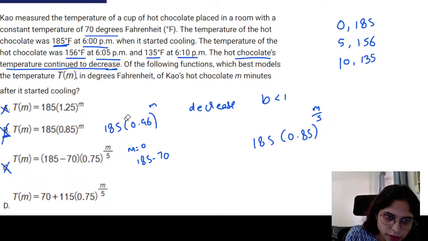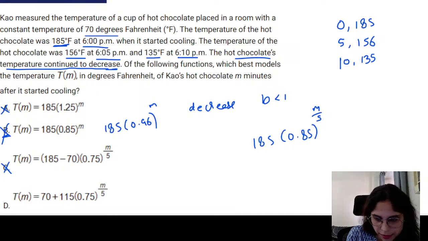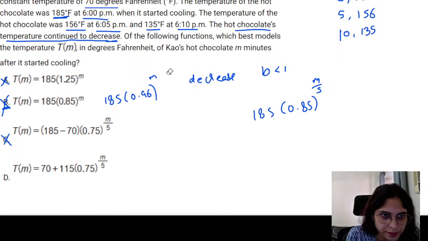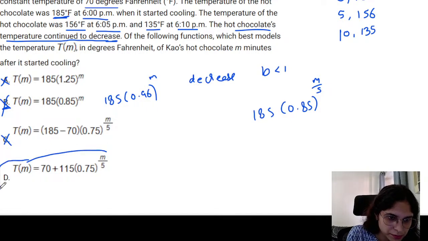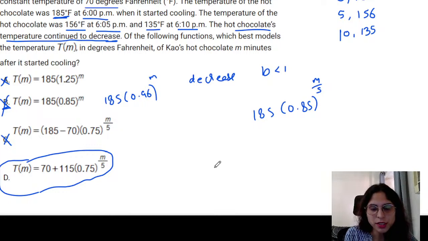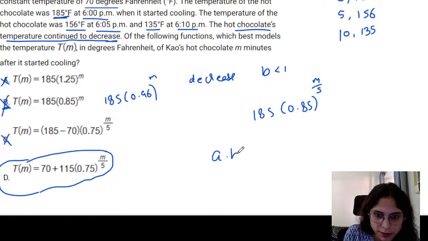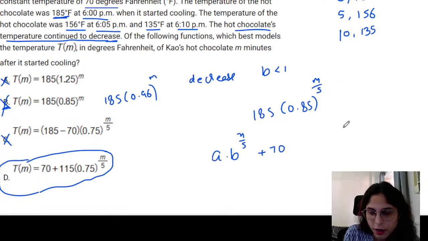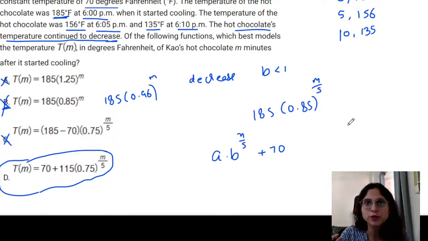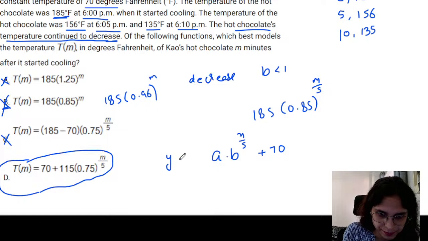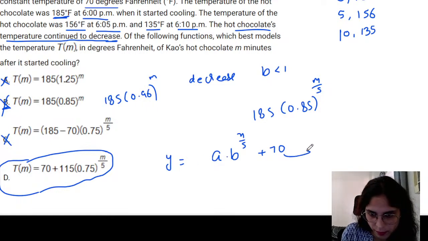But now how are they solving the problem? The answer is option D. I will explain to you why it is option D, because your equation is going to be a times b to the power x over 5 plus 70, because your temperature is not dropping to 0. This is your room temperature.